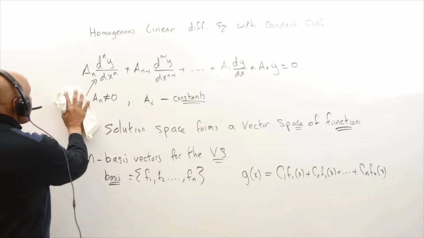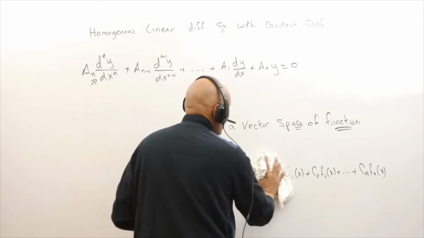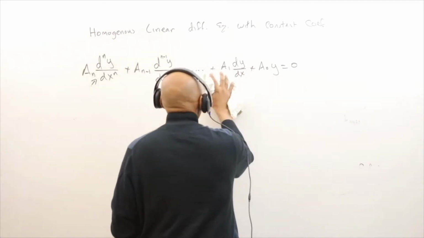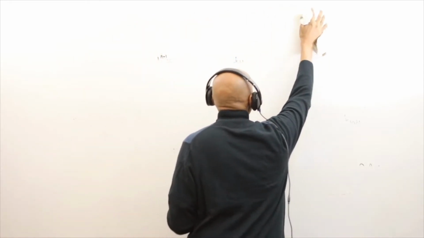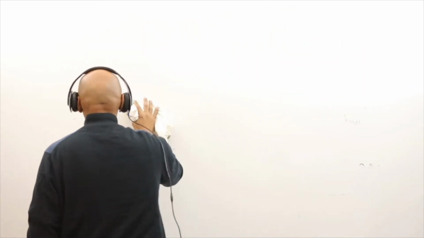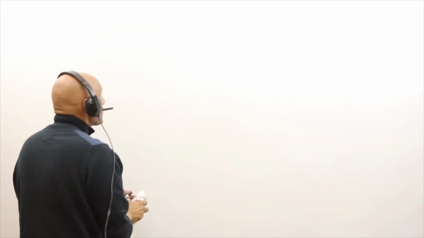Okay, so let me erase this and let's go through examples on how to construct the basis vectors and actually solve an nth order homogeneous linear differential equation with constant coefficients. It's a mouthful. Let's start with an example.